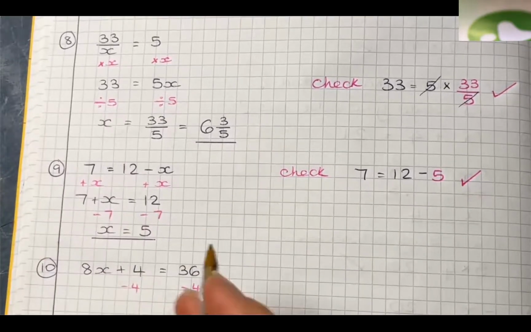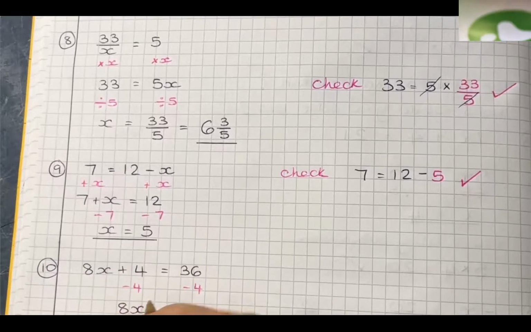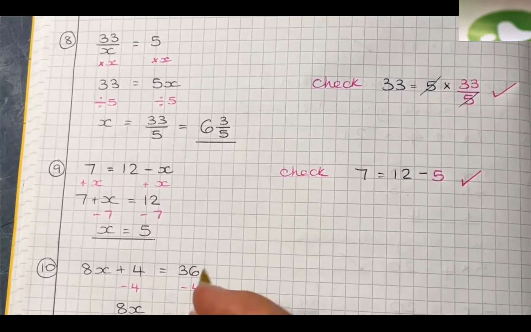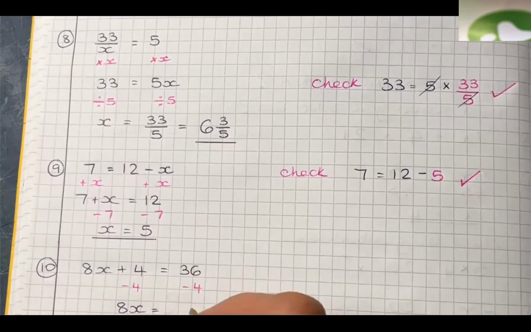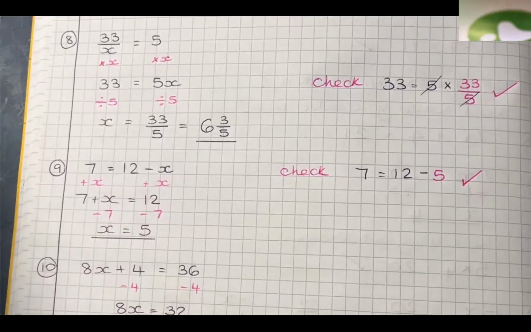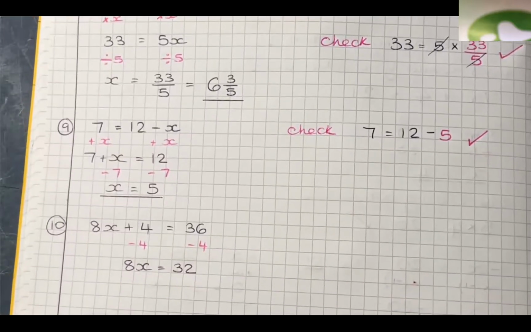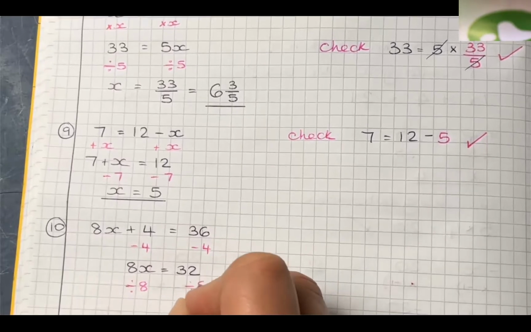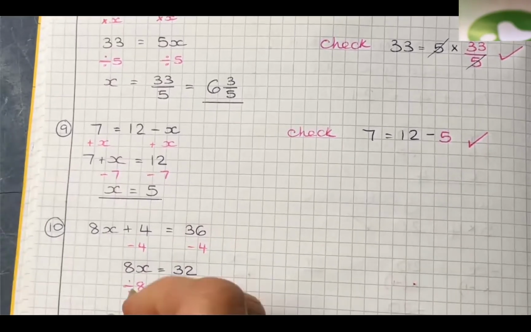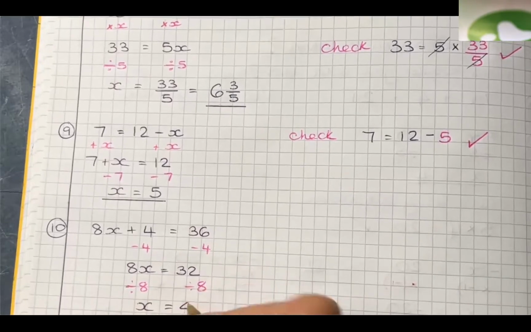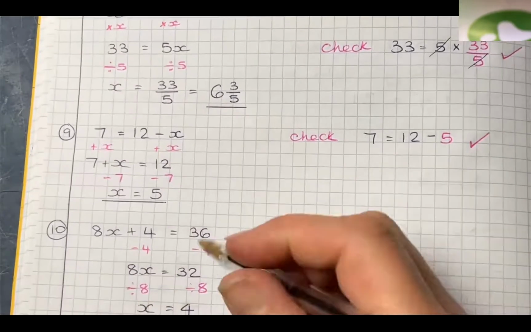So now on my left-hand side, I've just got the number of x. 8 is my coefficient, x is my number. 36 subtract 4 gives me 32. I can then divide by 8 because I don't want to know what 8x is. I just want to know what 1x is. 32 divided by 8, x equals 4.